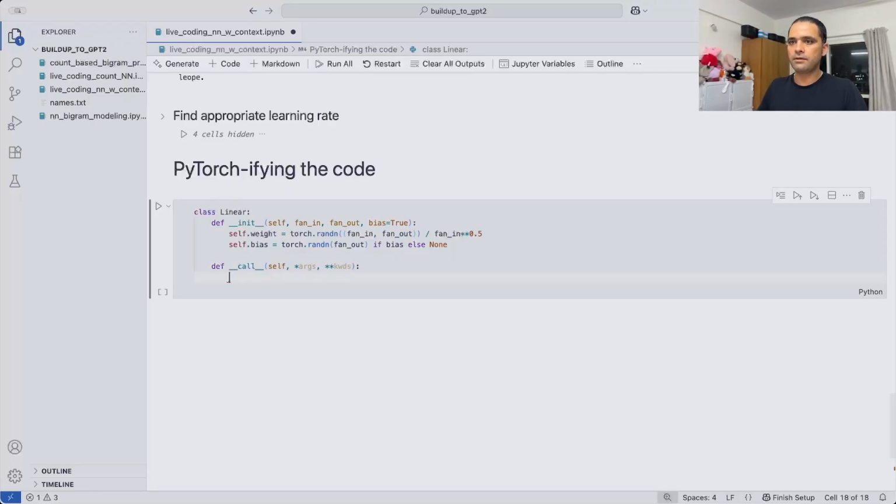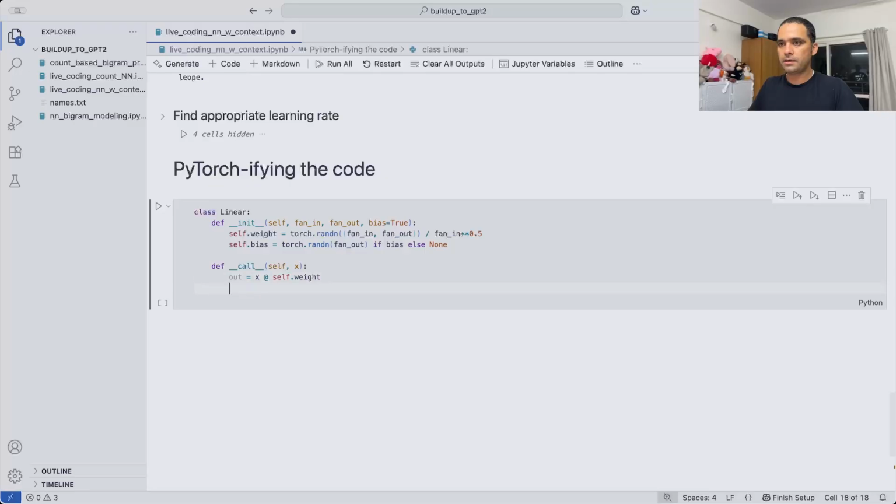Next function we would have is the call method. We'll pass x to it, and we'll calculate the output. The output is x at the rate self.weight.